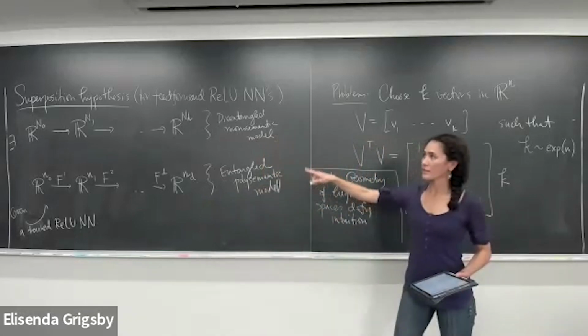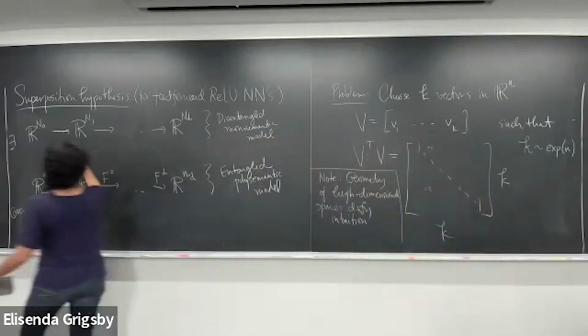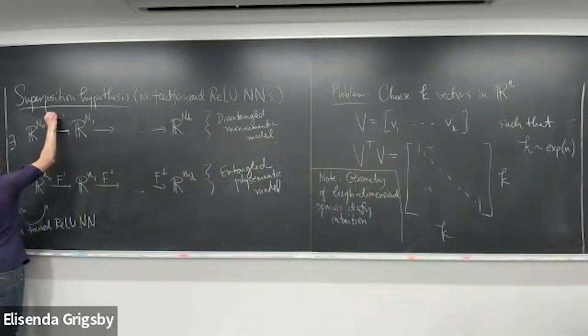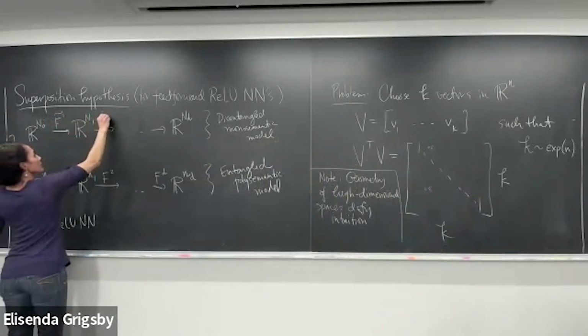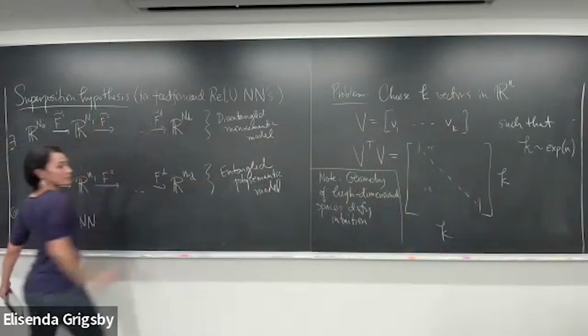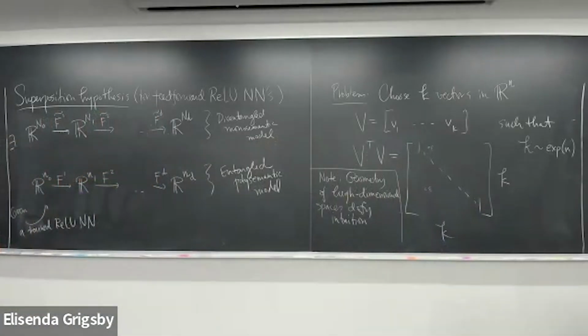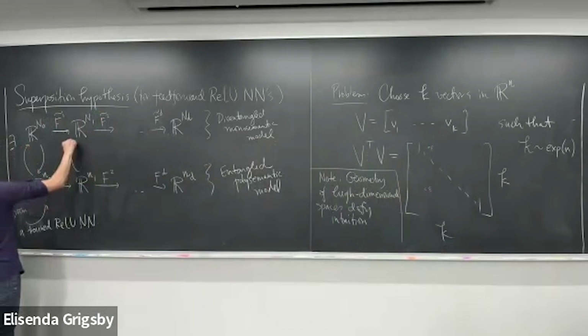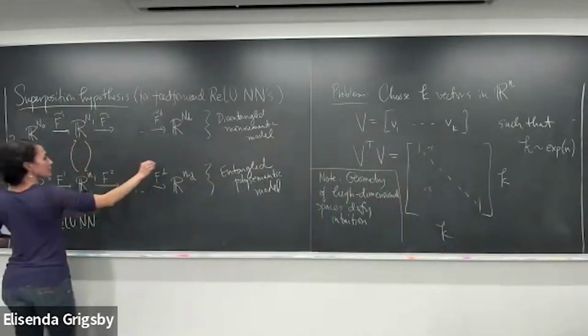Given this, there are also the corresponding maps, and moreover, you can get back and forth. So there are also encoding and decoding maps at each layer.